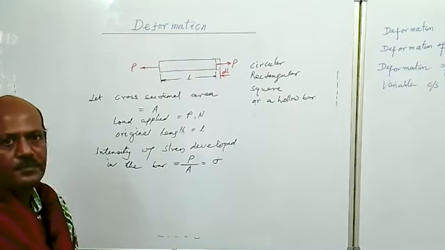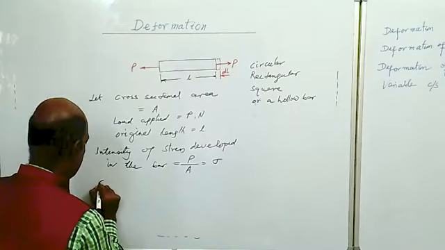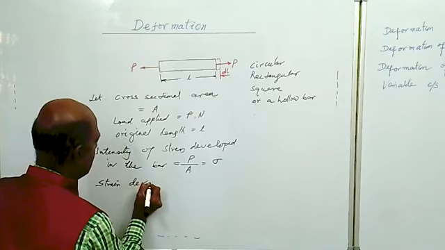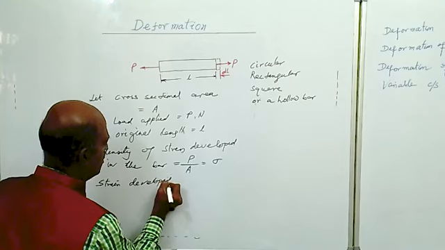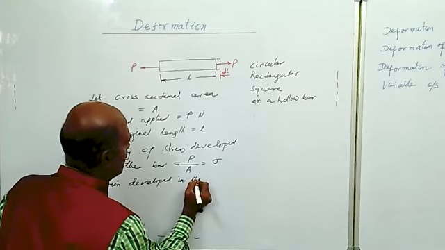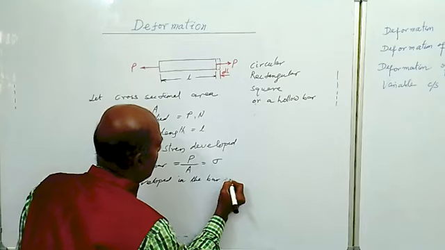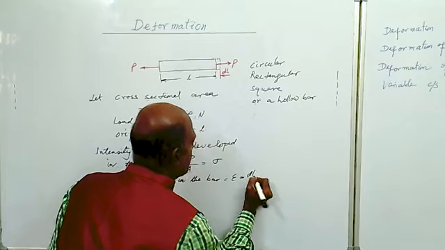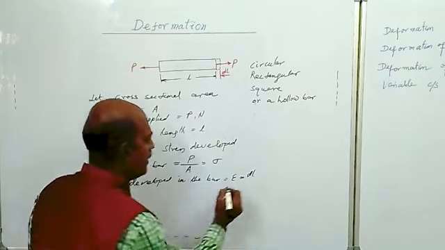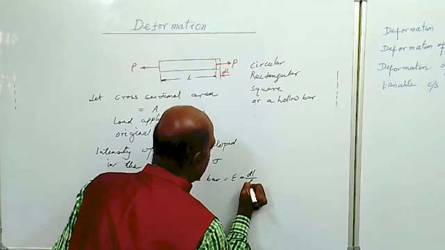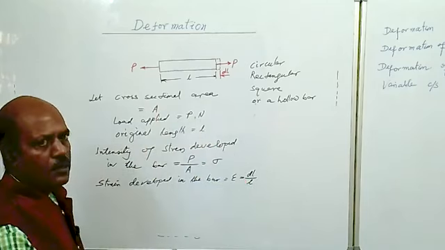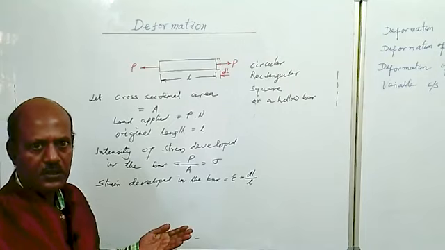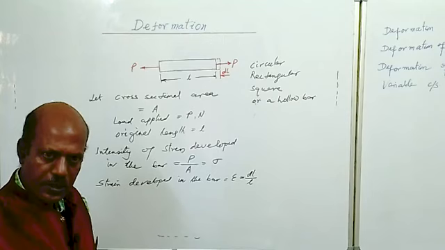Now we will see the strain developed in the bar. It is given by epsilon is equal to the extension produced in the bar under tensile load divided by the original length, dl by L. Now we know from Hooke's law that within elastic limit stress is directly proportional to strain.